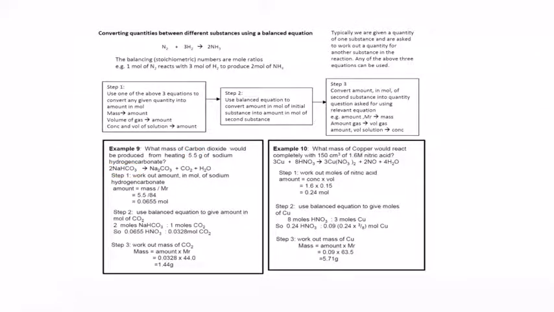Next, what mass of copper would react completely with 150 cm cube of 1.6 mole per dm cube nitric acid? So first, either I can take a mole ratio or I can take a mass ratio. But neither moles nor mass is given. They did not give the moles, they did not give the mass.